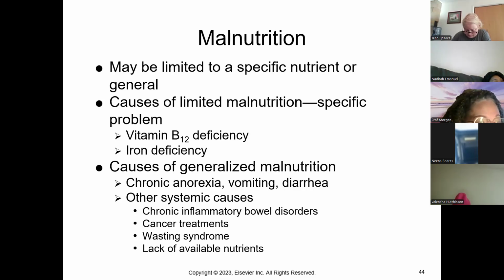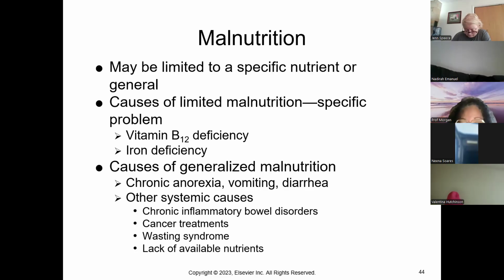There are 8 essential amino acids that are required simultaneously in the body, and they're present in animals. If someone eats a vegetarian diet, you have to make sure that they're incorporating those amino acids into the diet. In children, growth and development can be delayed or impaired from malabsorption and malnutrition.